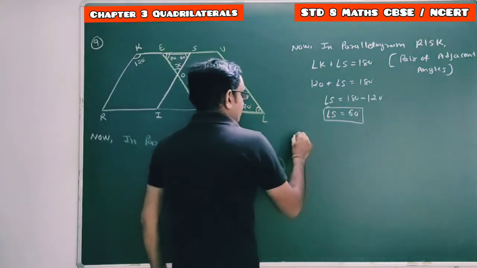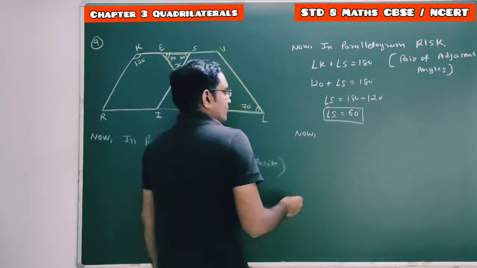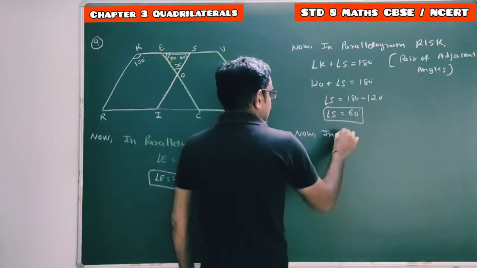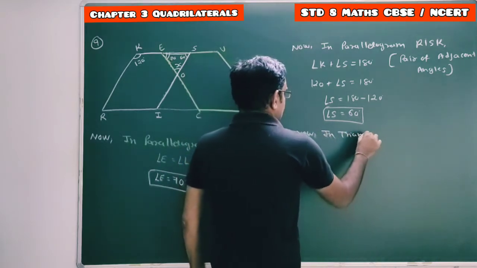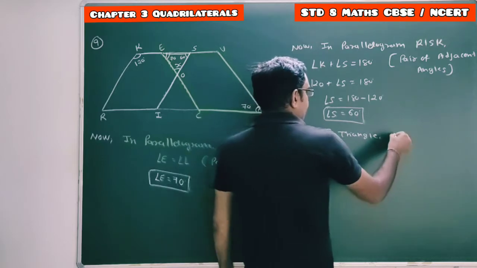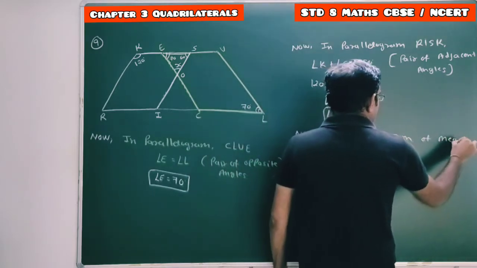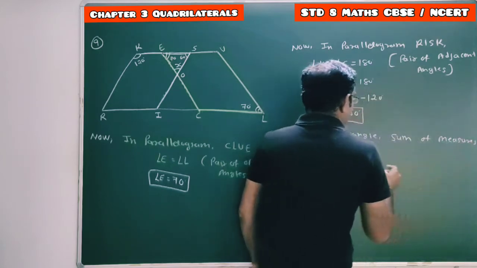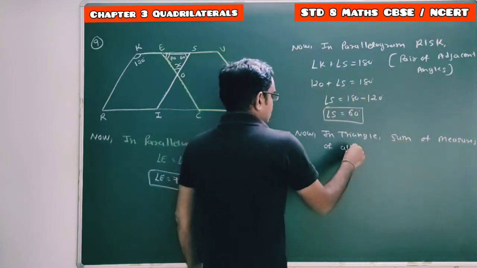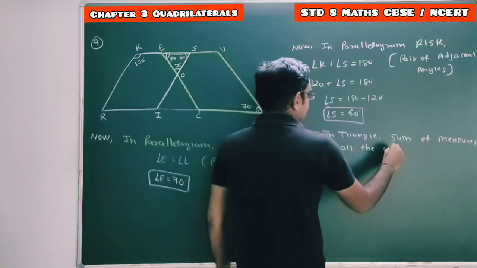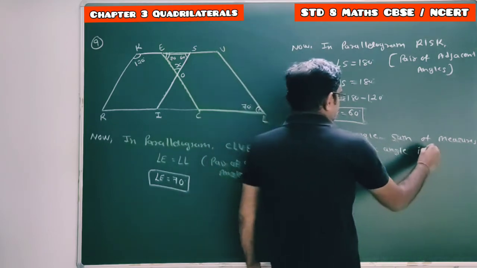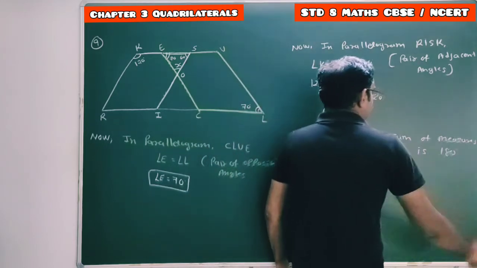Done. So now our third step, in triangle, sum of measures of all the angles is always 180 degrees.